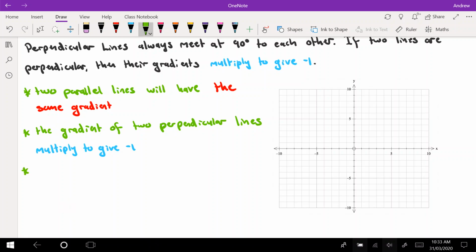And now let's say we want to find the equations of these lines, and say let's find the equation of a line parallel to this line at this point. Well, we can figure out the equations of our lines.